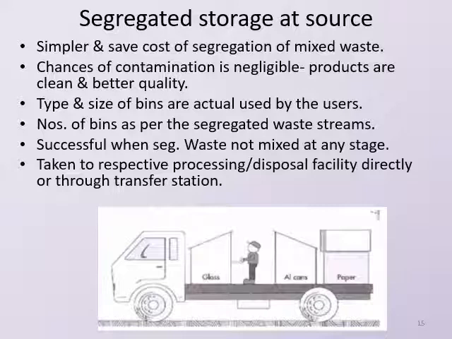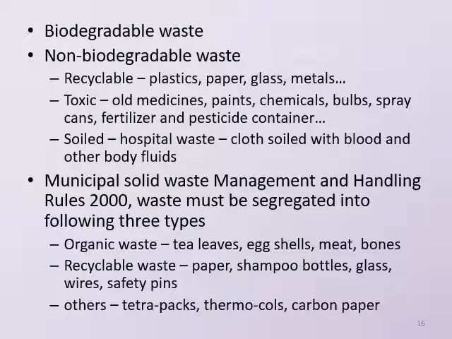Here a diagram is given in which the collection vehicle itself has separate bins for paper, aluminum cans and glass waste, that is, recyclable waste in the collection vehicle. Waste may be majorly biodegradable and non-biodegradable.